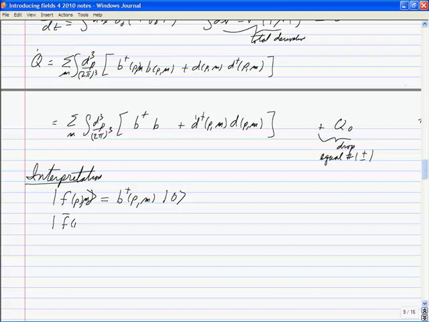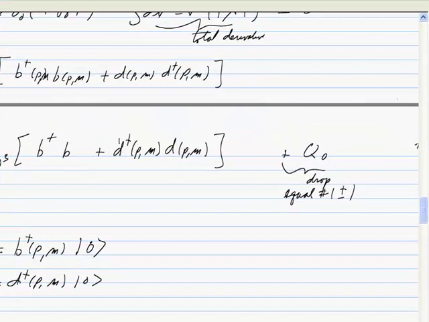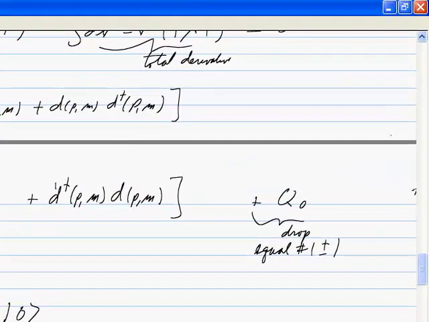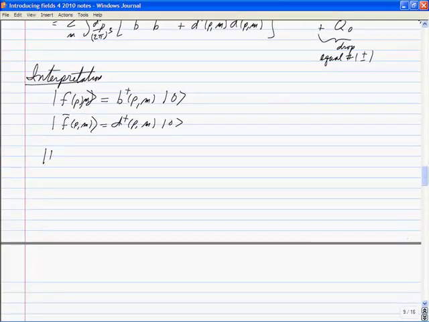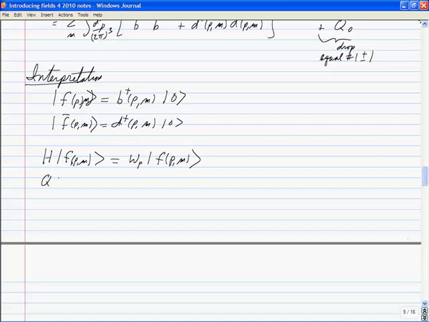And if I define F bar of p and m as d dagger p and m acting on the empty state, then since the Hamiltonian and the charge Q are involved in the number operators, we would end up with the Hamiltonian on F of p and m is omega p F of p and m, and Q on F is plus 1.